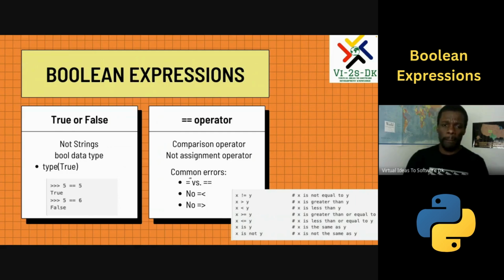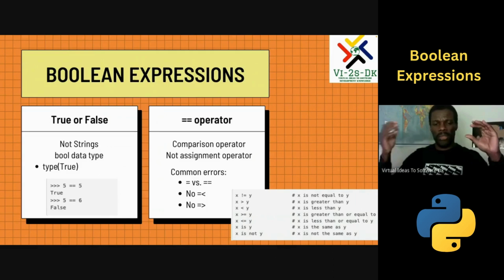And some other operators, in this case, comparison operators. I talked about logical operators; we'll talk about those in the next slide. But there are also comparison operators to compare the left-hand side and the right-hand side. Again, they are not assignment operators. We can use two equal signs to say the left-hand side is equal to the right-hand side. Or we can use an exclamation mark and an equal sign to say it is not equal to.